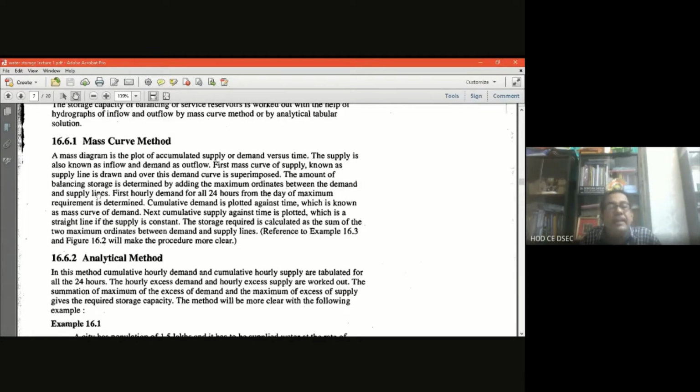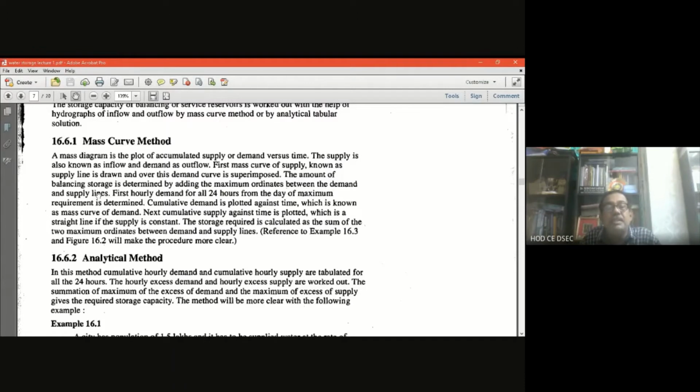A mass diagram is the plot of accumulated supply or demand versus time. Maybe the demand or maybe the supply, but the accumulated supply or demand versus time graph is called the mass diagram. The supply is also known as inflow and the demand is outflow.